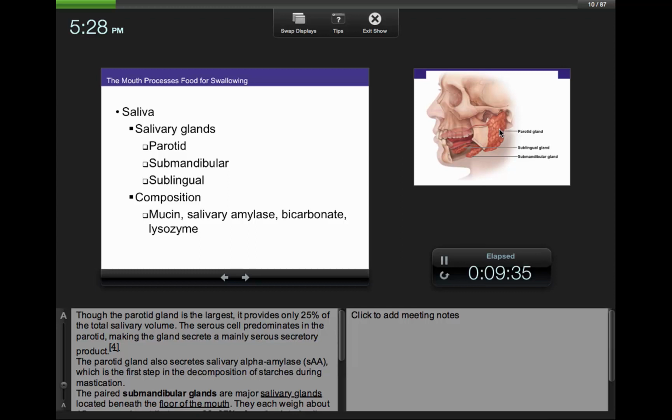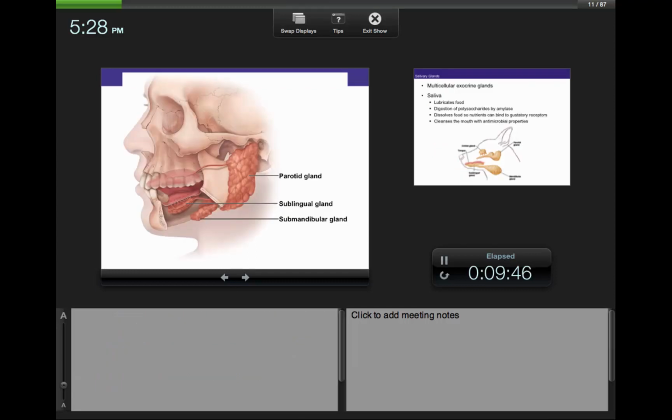The next one I like to talk about is the sublingual. Let's just skip to this third one because this is the other extreme. This one is right under the tongue. Oops, sorry. Here's the parotid gland. I thought that was showing. So here's the parotid gland, and that one is the largest. Again, it secretes a very serous fluid.